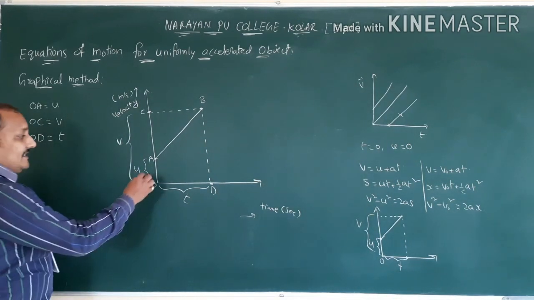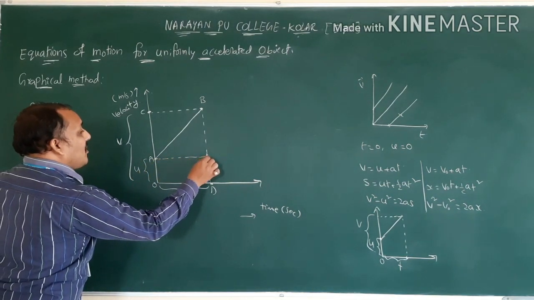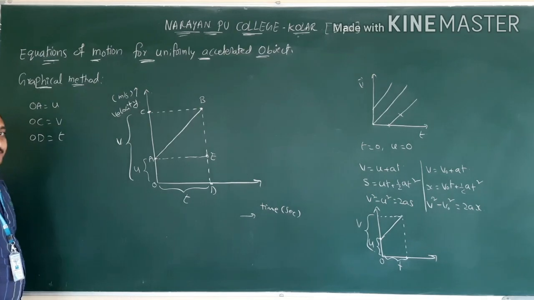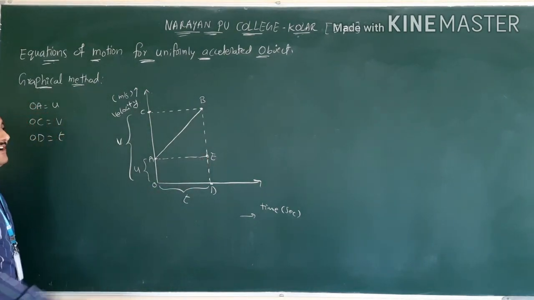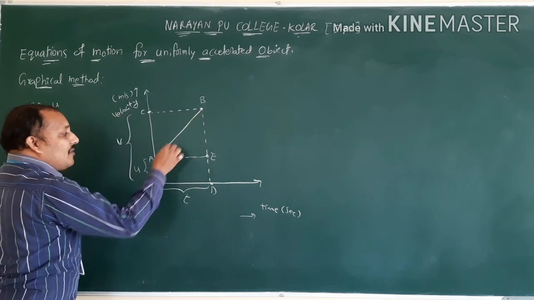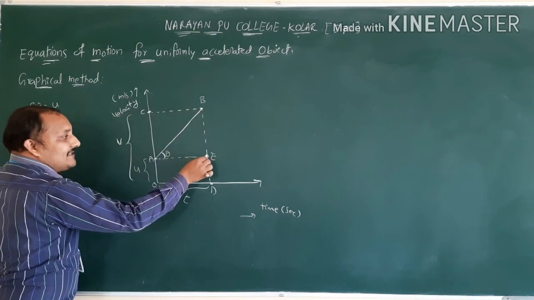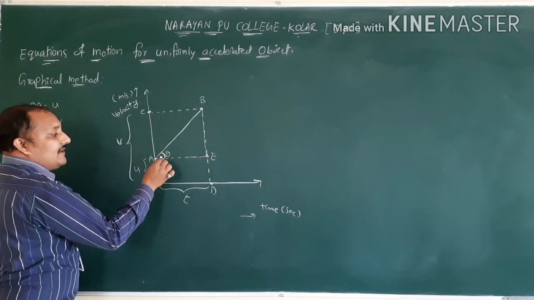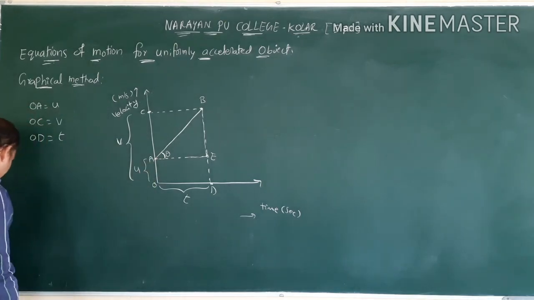Let us say this point is E. Why have we taken E? Because we want the opposite side for this theta. BE is the opposite side for theta, and AE is the adjacent side for this theta.